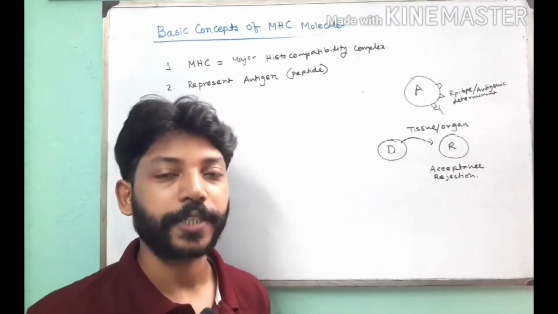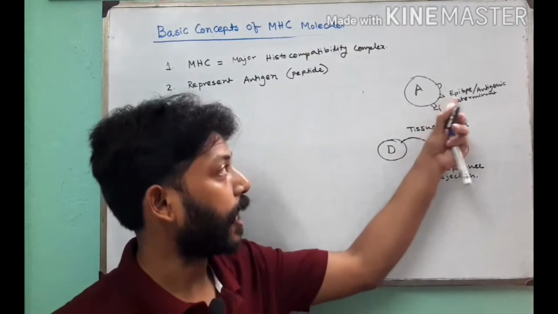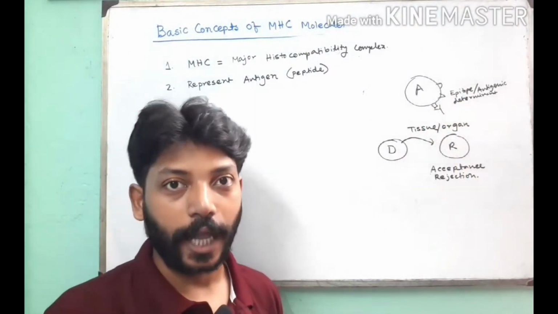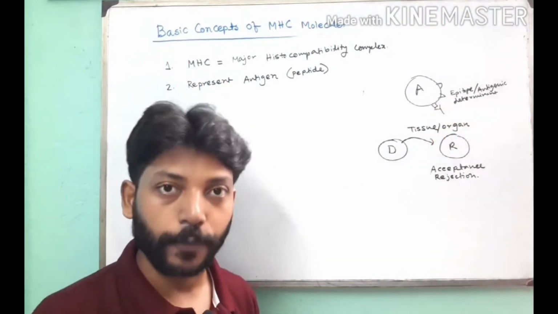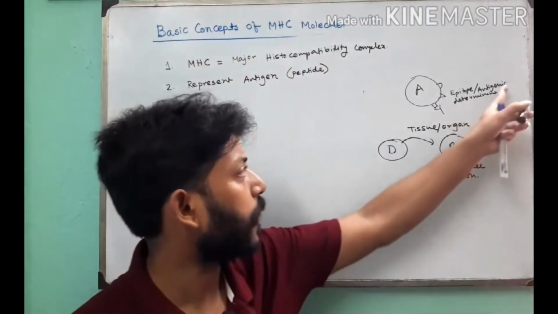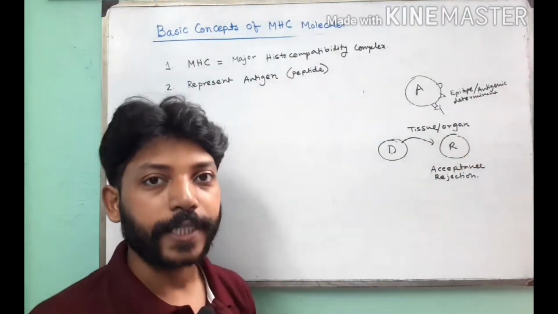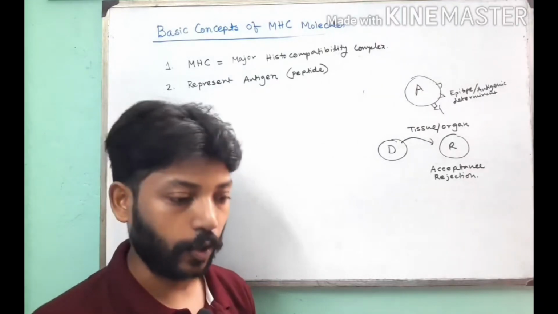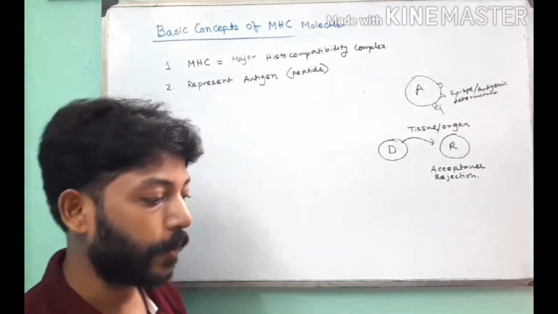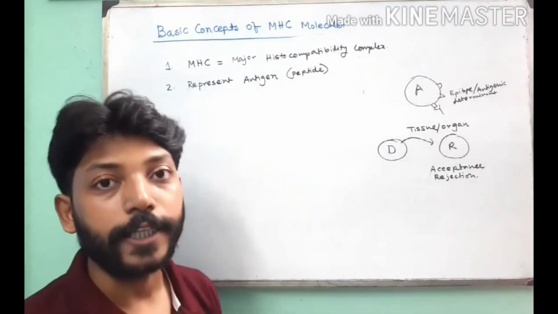One is called conformational, where an epitope is in a conformation like alpha helix or beta sheet, called conformational epitope or conformational antigenic determinant. And some epitopes are present in linear conformation or denatured conditions. When the epitope is denatured, it is called linear.